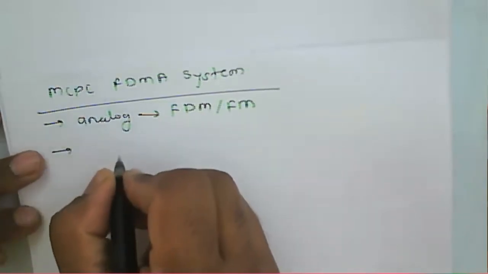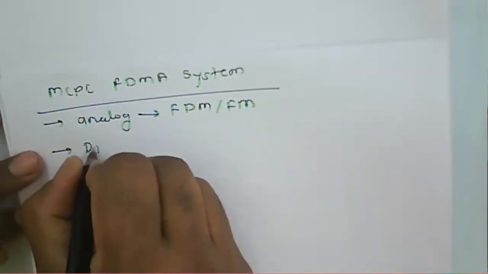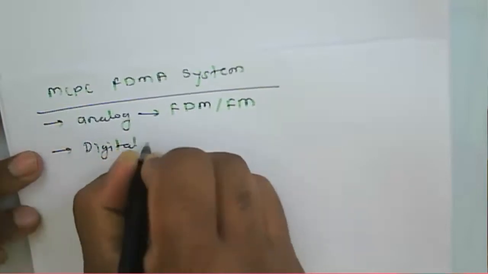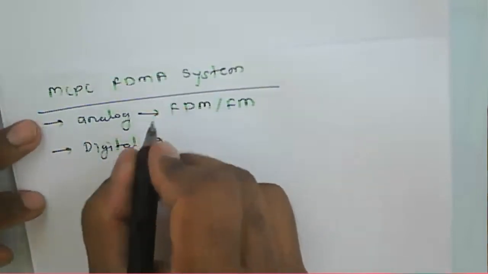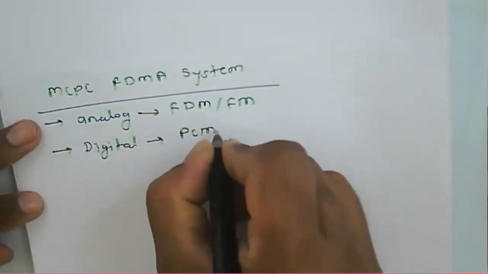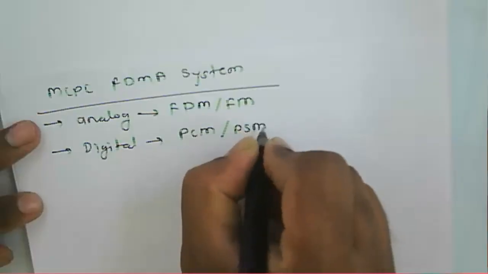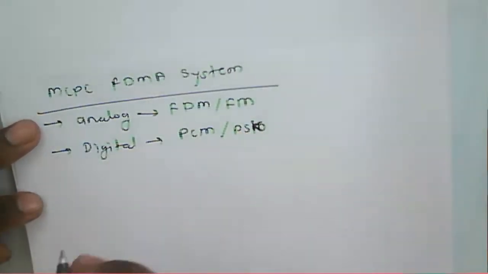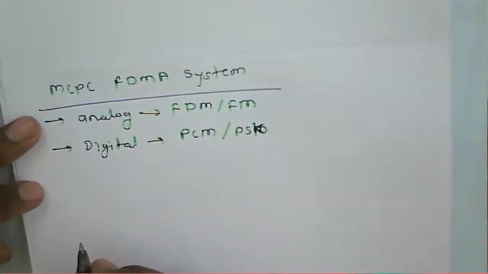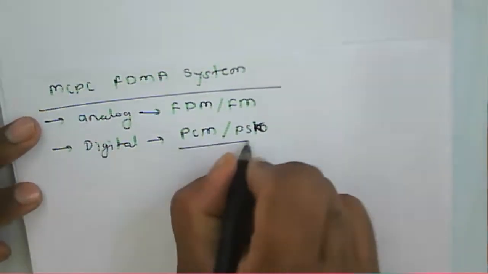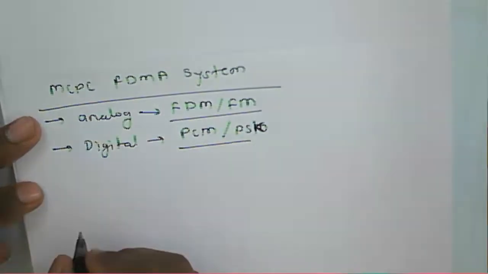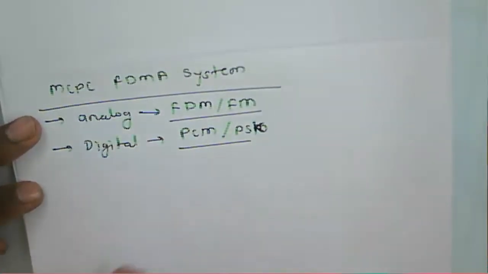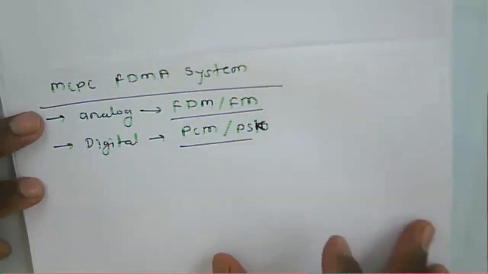If it is used for a digital signal, it will be a PSK modulated carrier. That is for the analog voice channel, or a digital PCM voice coded signal.